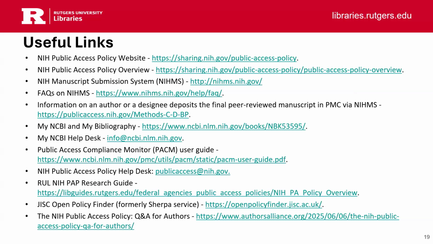And that's another one through the NIMS system, and that's how you access My Bibliography. And this is the NIH Help Desk. Believe me, you'll need it because it's very, very helpful. Sometimes some of the questions I feel are very hard to answer, and I usually refer the researcher or the research admin to contact them directly, and they will give you very clear answers. But they might be overwhelmed and busy because they are dealing with nationwide questions.